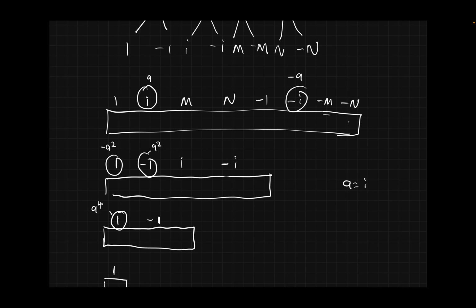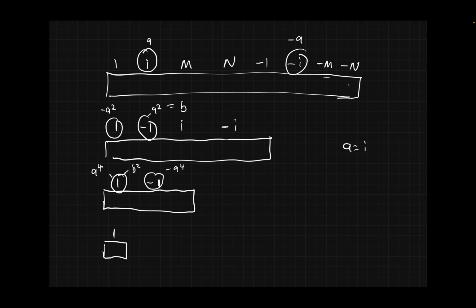Is it making sense? Or what you could also do is rename this to be equal to B. So A square is now B. And then this now becomes what? B square. But it's still the same thing. Then you now pick the minus what? A raised to the power of 4, right? And then you get this one, which is going to be A raised to the power of 8.